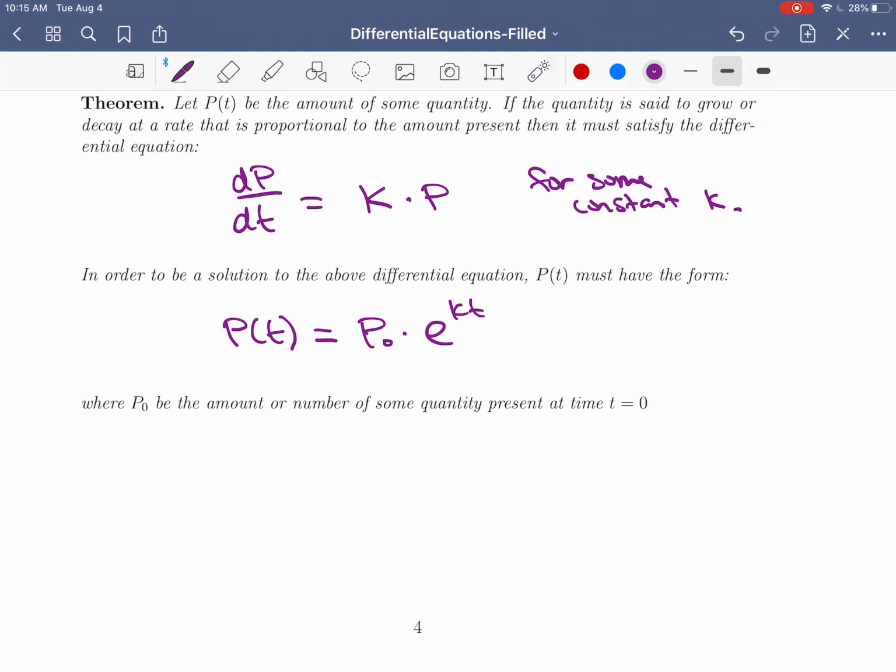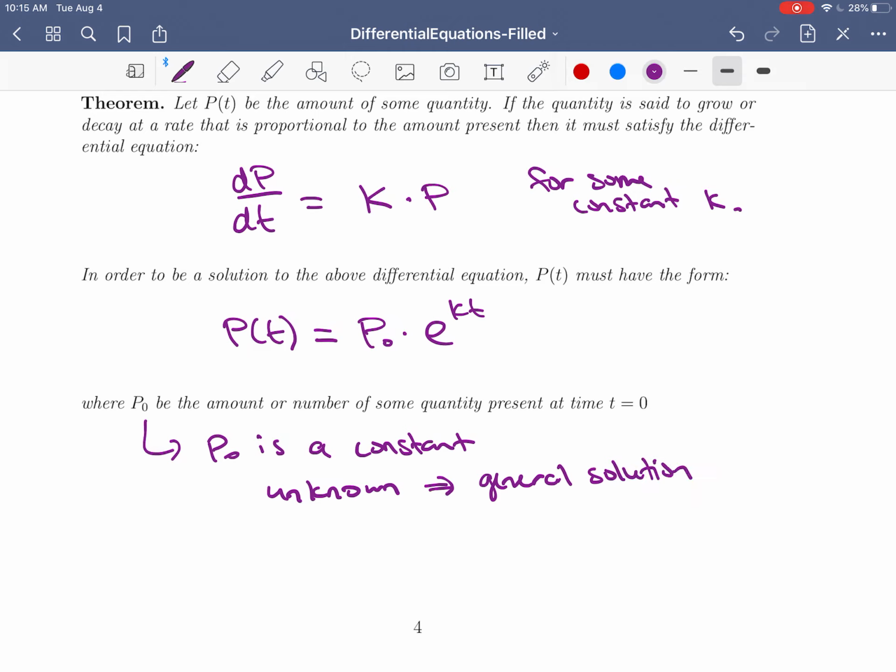Now P of 0 is a constant, and when it's unknown, that means we have the general solution. And if we have an extra piece of information so that we can determine it, then that's when we have the particular solution.